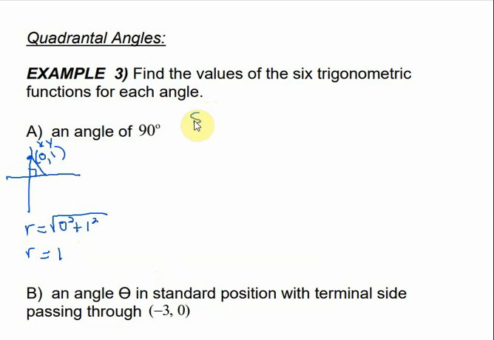And that gives me sine of theta to be y over r, so that's 1 over 1, which is 1. Cosine of theta is x over r, so that's 0 over 1, which is just 0. Tangent of theta, that's y over x. Well, that would be 1 over 0, which is undefined.